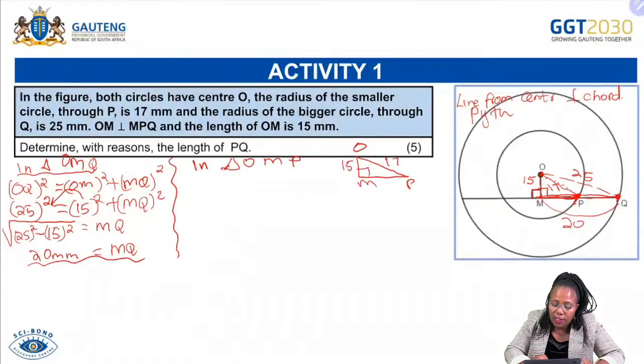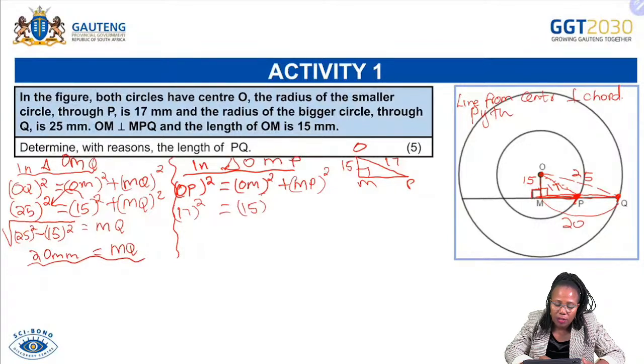This is a 90 degree triangle. Which side is the hypotenuse side? OP squared is equal to the sum of the two sides, OM squared plus MP squared. And then how much is OP? 17 squared, the OM 15 squared plus MP squared. So MP squared is equal to 17 squared minus 15 squared.